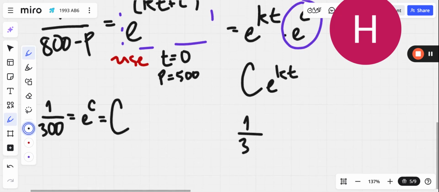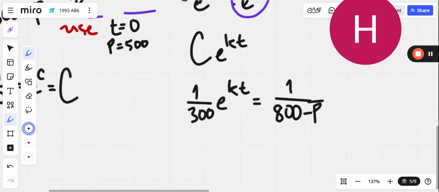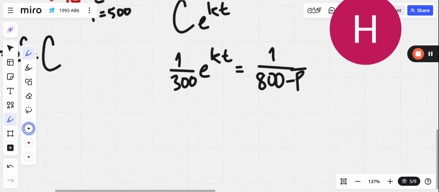We have 1 over 300 e to the kt equals 1 over 800 minus p. All right, and there's a few different ways that we can deal with this. The way that I prefer is to just flip this, completely flip it.